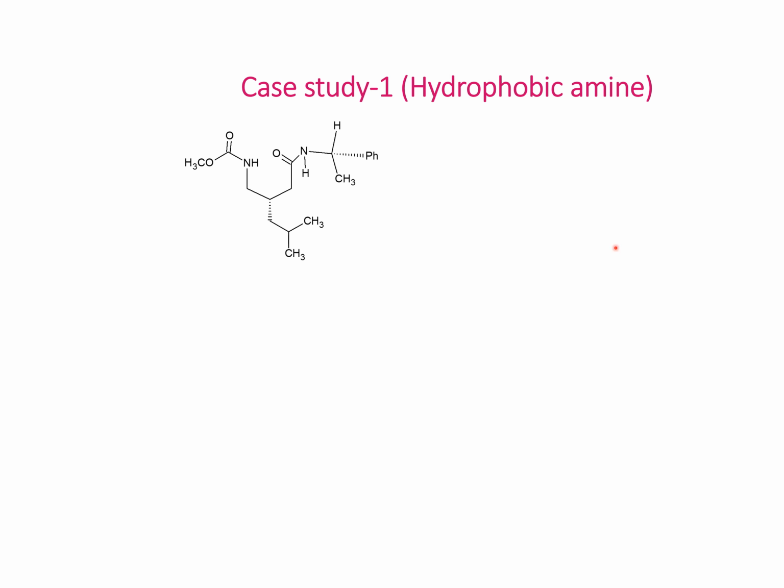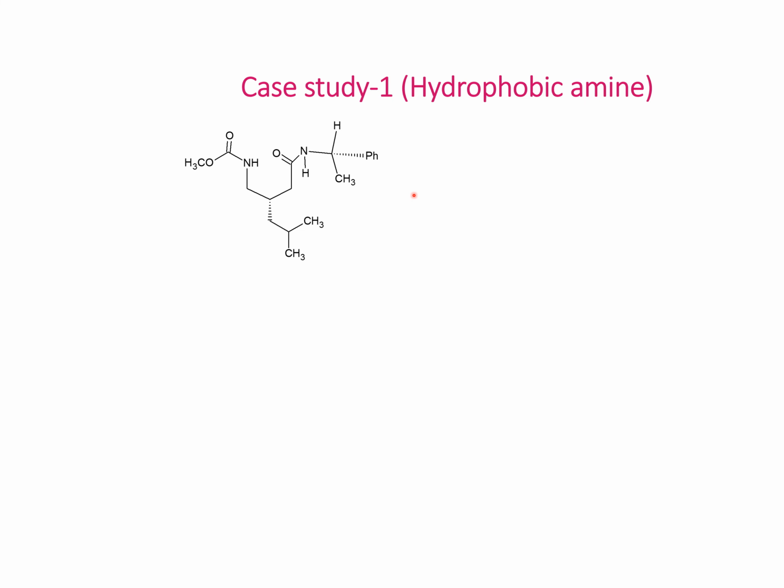Coming to the case study, this is a hydrophobic amine. It has two chiral centers, so 2 to the power 2, that is 4 isomers, are possible. Now the task is how the 4 isomers will be separated. As the stationary phase, the ester derivative phase is the preferable choice. For the mobile phase, take a buffer with pH less than or equal to 4.5. Either phosphate buffer or acetate buffer can be used.